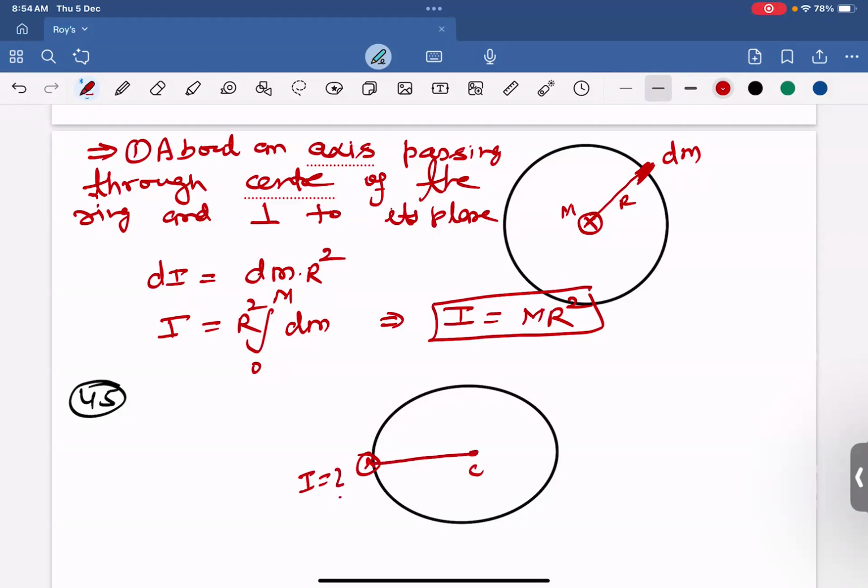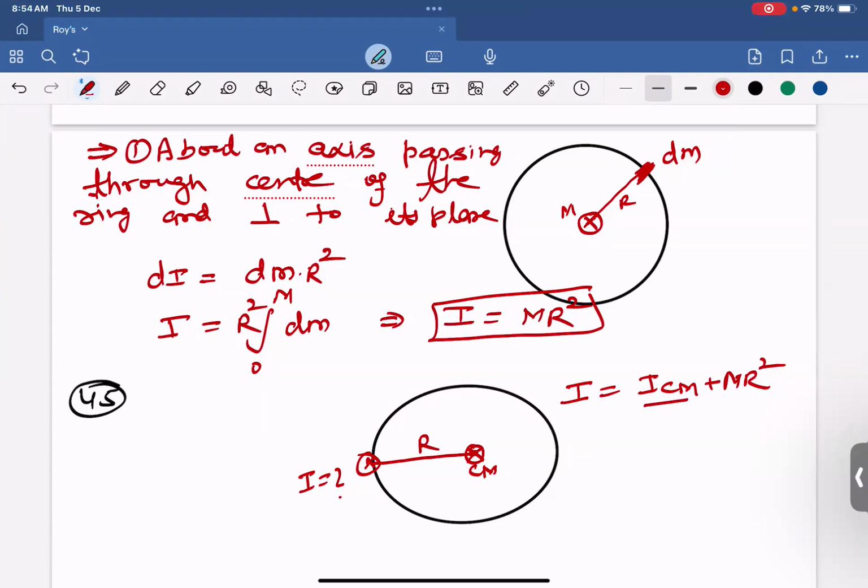First I'll take the center of mass here. This is the center of mass, and I know the moment of inertia about this axis. Both are parallel lines, both going into the screen, and the distance between them is r only. So I am going to use the parallel axis theorem: ICM plus m into the distance r square.